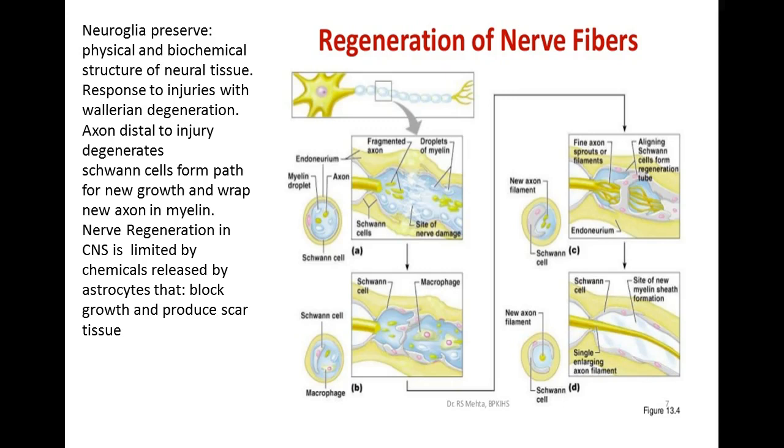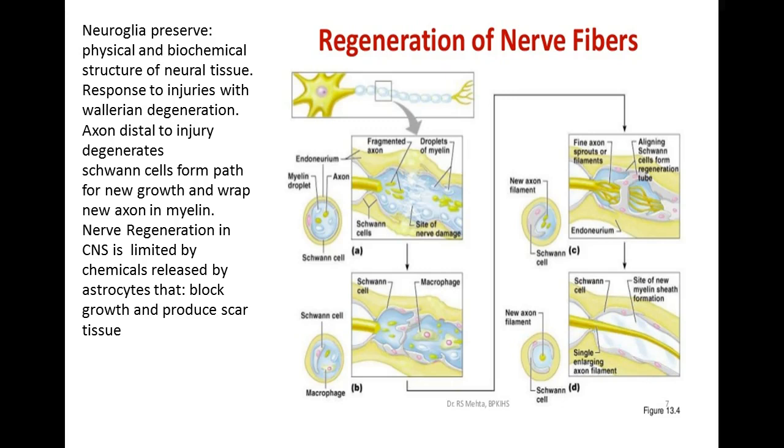And this is by virtue of the satellite cells and the Schwann cells. The Schwann cells will form basically a barrier around it, or a path, almost a template for that nerve to repair itself.